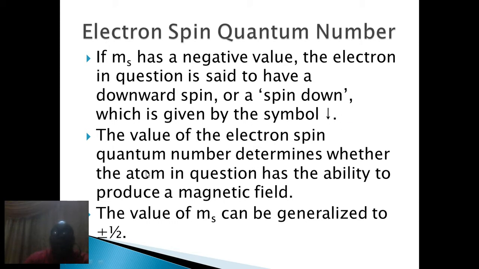The value of the electron spin quantum number determines whether the atom in question has the ability to produce a magnetic field. That is the importance of the electron spin quantum number. It will tell you whether it has a magnetic field or not. And the value of ms can be generalized to plus or minus half. It's either plus half or minus half. That's why it's known as plus or minus half. It's either spinning up, plus half, or spinning down, minus half.